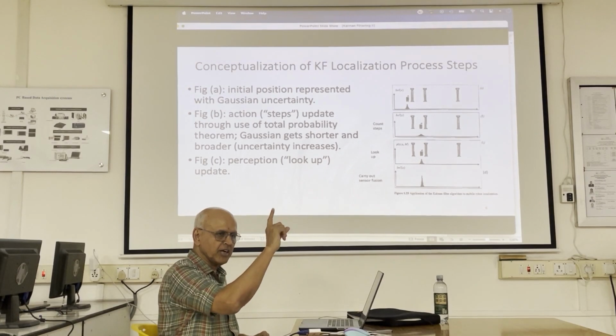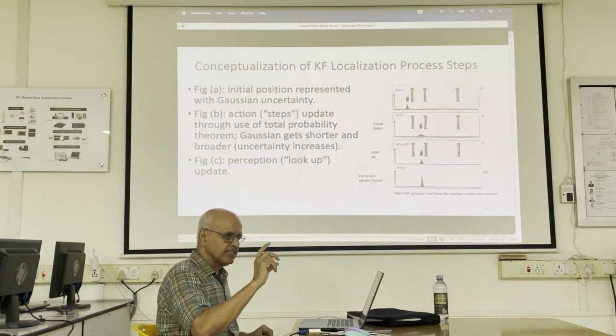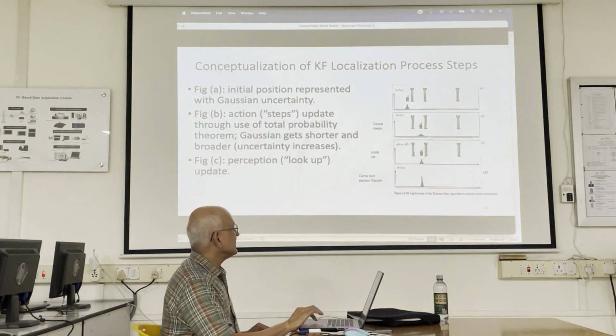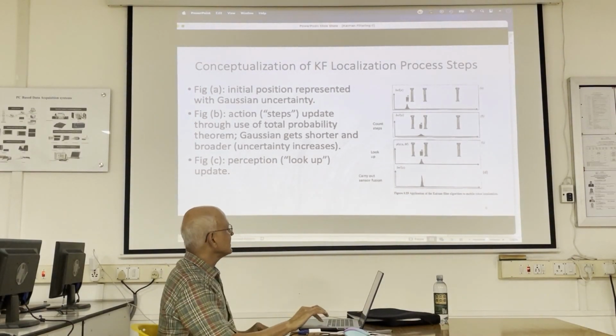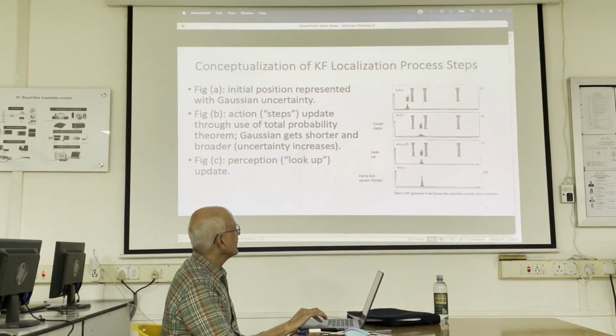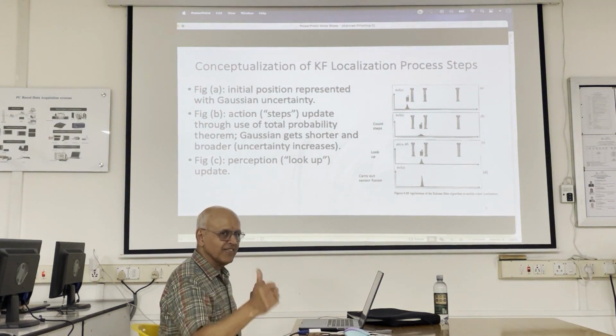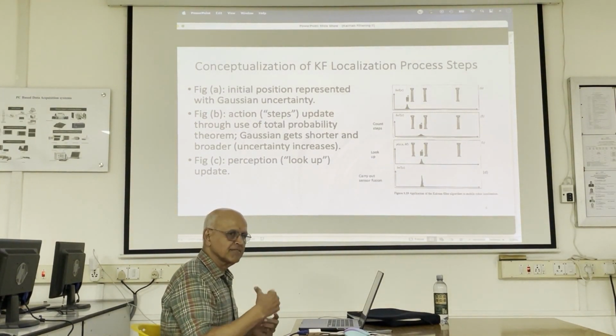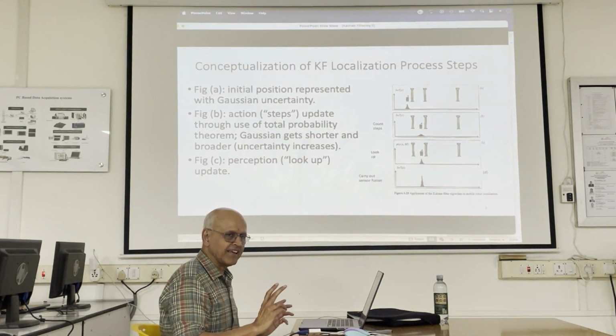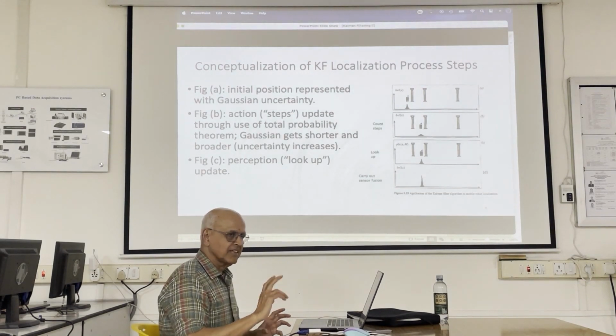Now, remember what's going on in the Bayes theorem? These two should be multiplied. The top is the location from odometry, here it is, and given the measurement, where would I be? If you want, I can put back the Bayes equation.